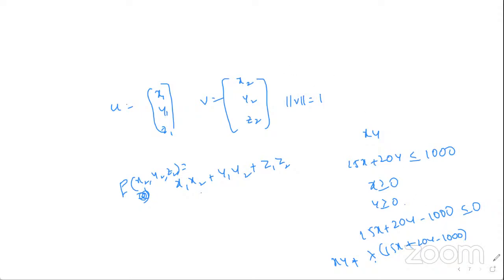Now what do we do? We just do the differentiation part. So xy plus lambda into (15x plus 20y minus 1000) is the Lagrangian.